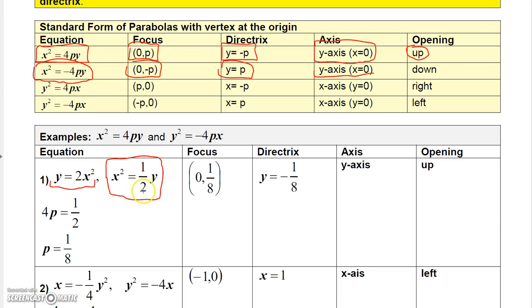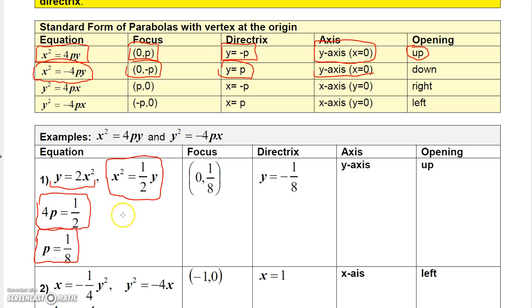Whatever the coefficient of y is, that has to be the 4p. So here the 4p is 1/2, because that's the coefficient of y. And then you can solve this for p, and you get that p is 1/8.